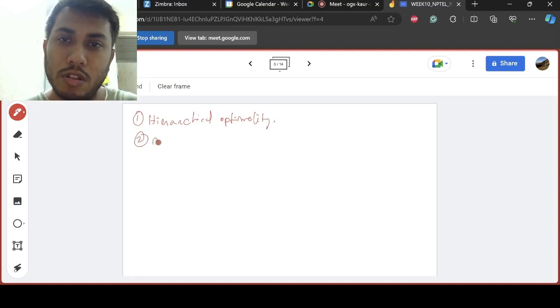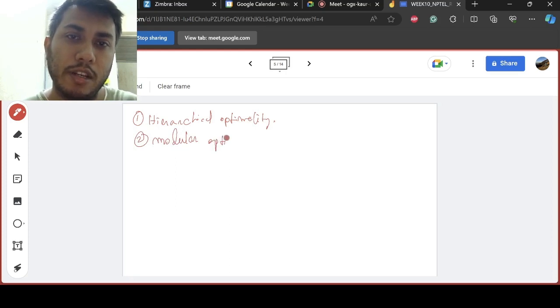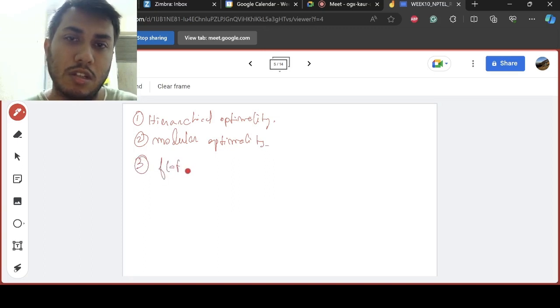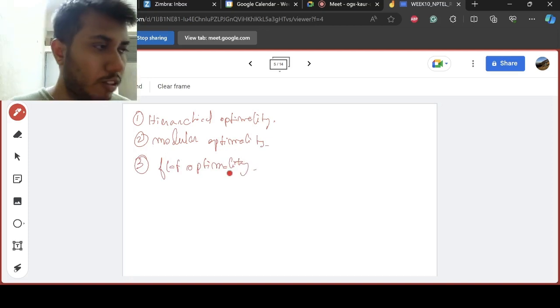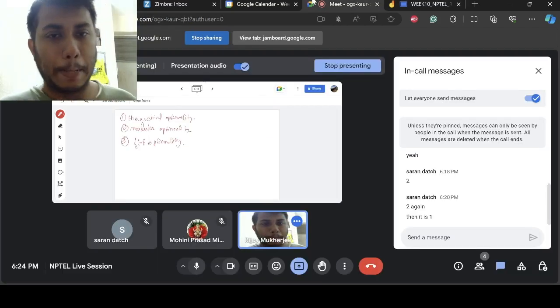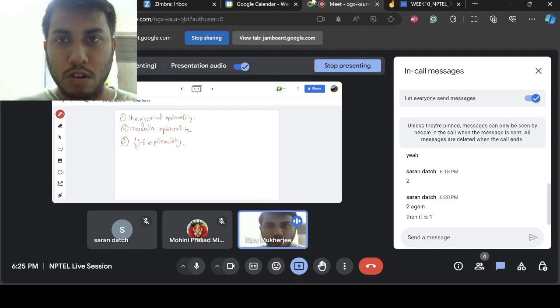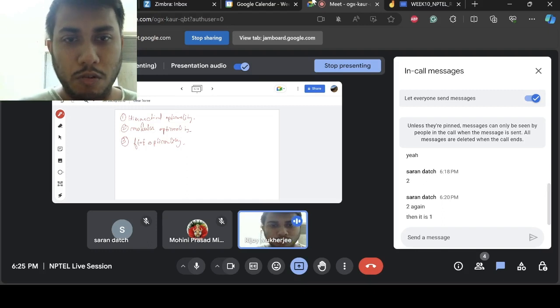Two is modular optimality. And three is flat optimality. So let's come to all of it one by one.